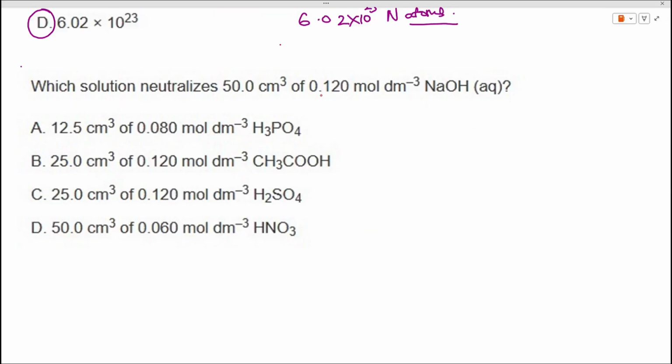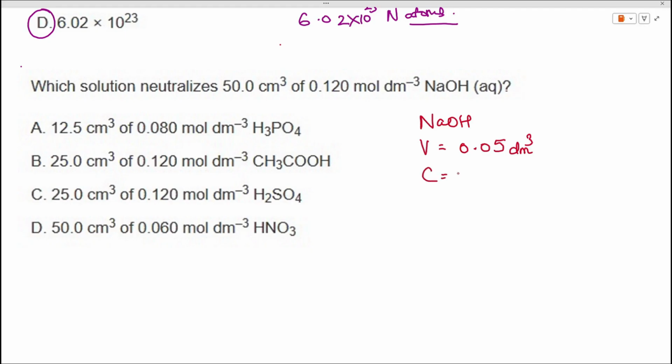So the question here says, which solution neutralizes 50 centimeter cube of 0.120 moles per decimeter cube of NaOH? So for NaOH, we have been given the volume. So volume is 0.05 decimeter cube. To change centimeter cube into decimeter cube, we have to divide it by 1,000.